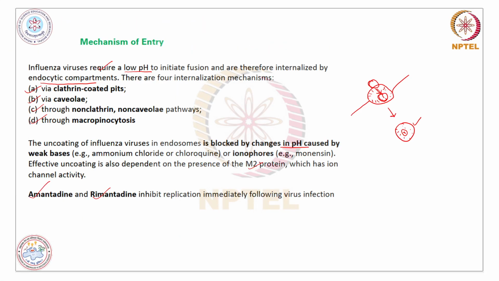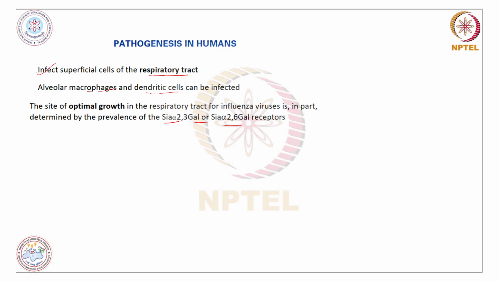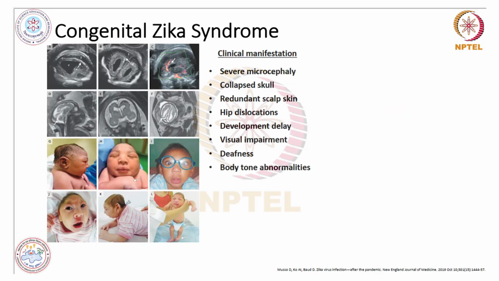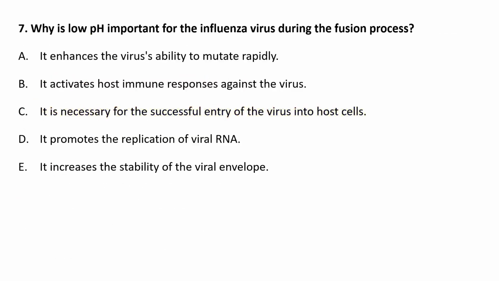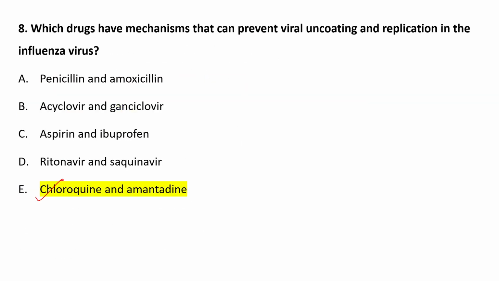We have talked about ionophores and M2 ion channels for the uncoating. These drugs interfere with those ion channels, so they will prevent the viral uncoating and replication.